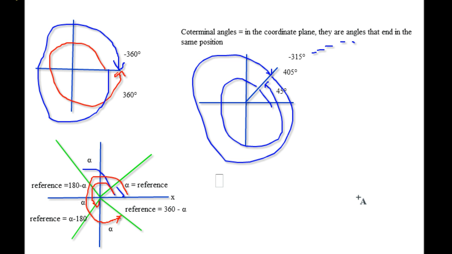When you're simplifying trig ratios, you simplify by using the reference angles as help. So if I gave you 315 degrees, then the reference angle is 360 minus 315, which is 45 degrees. That's pretty simple. As long as you pay attention to these rules right here, you should be good.